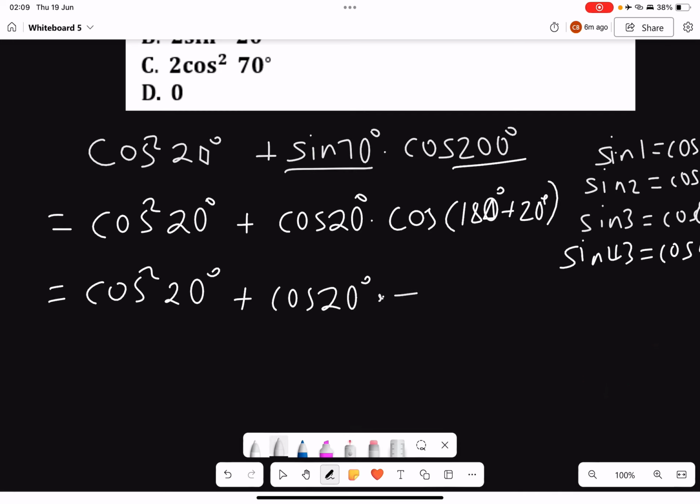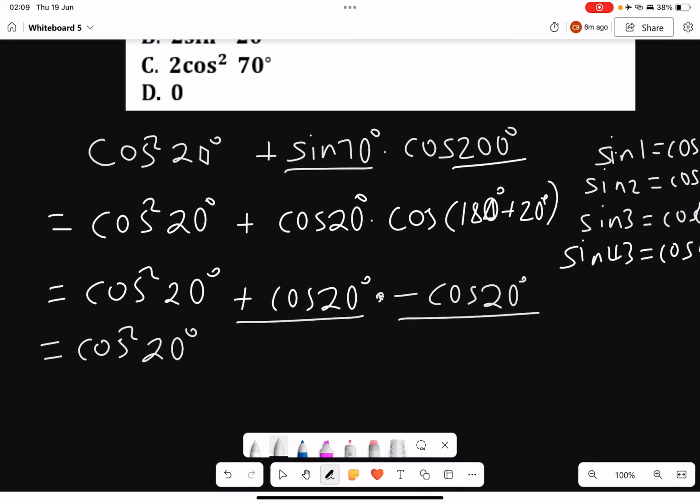So I multiply by negative cosine of 20 degrees, and then we can see that we're going to have cos squared 20 degrees. Positive cos 20 times negative cos 20 will be negative cos squared 20 degrees. And these two are indeed like terms.